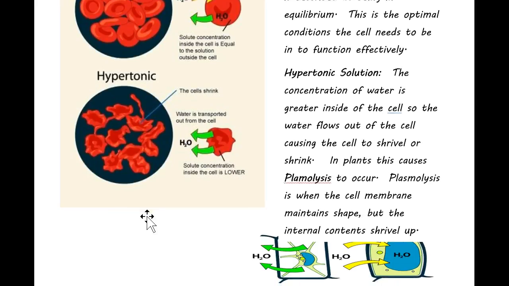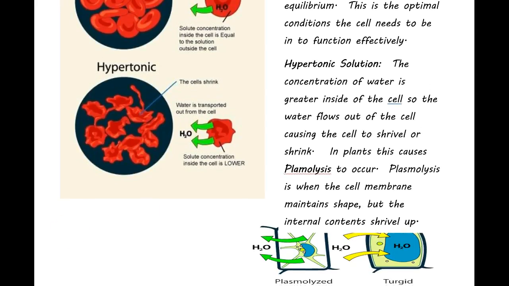Another type of osmotic solution is a hypertonic solution. And I lost my arrow, there it is. And in a hypertonic solution, think of a hyperactive child. They're going to get all of their energy out. So this is where the water is going to leave the cell. You've got a greater concentration of water inside of the cell, less of a concentration of water outside of the cell.